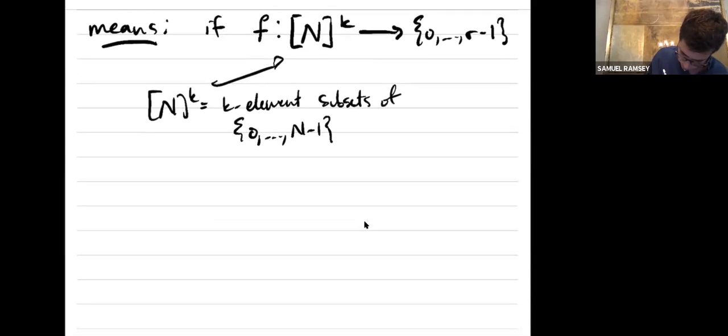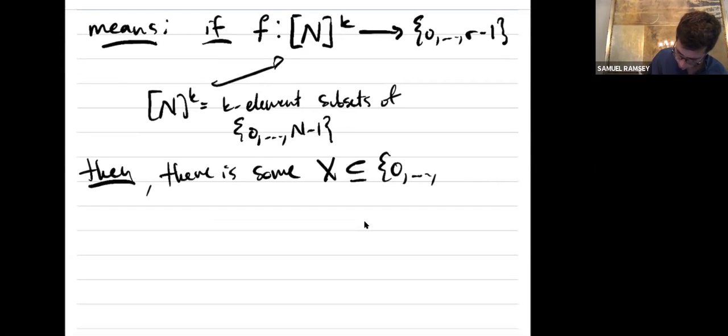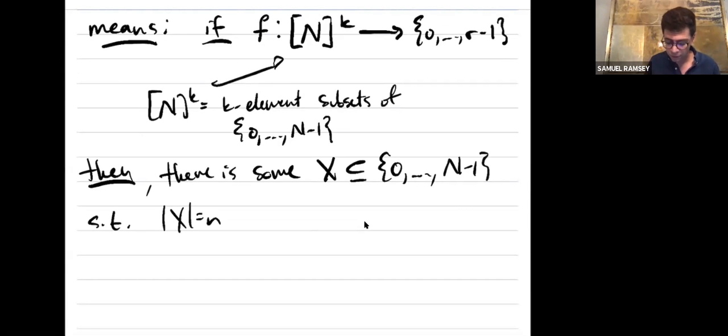Then there is some X, which is a subset of this capital N element set, which is not too small. So the size of X is little n. And it has the property that all of the k element subsets get the same color.